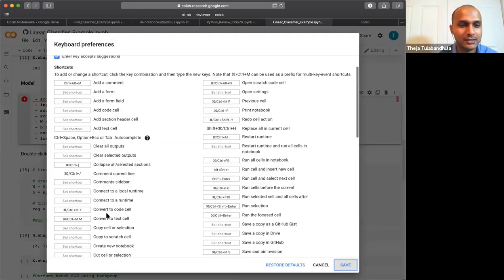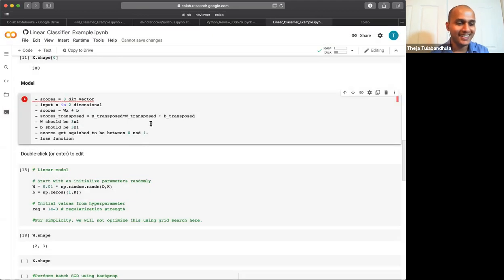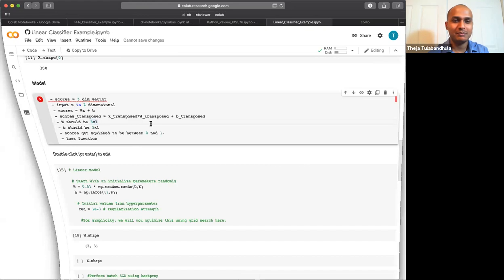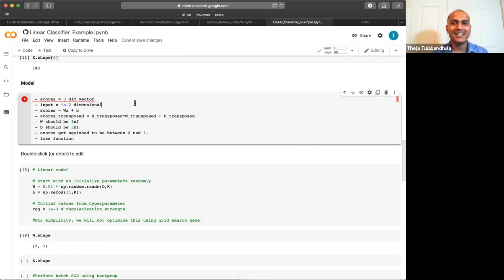Convert to a text cell. Control M plus M? Okay, let's try that. Oh no, that minimizes it. I'm not going to do all that. Let's not worry about it.